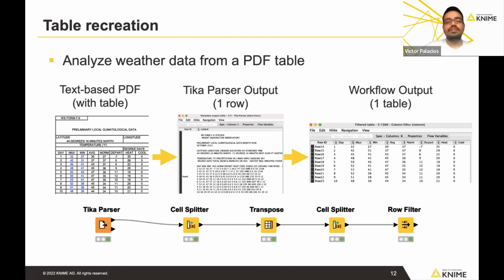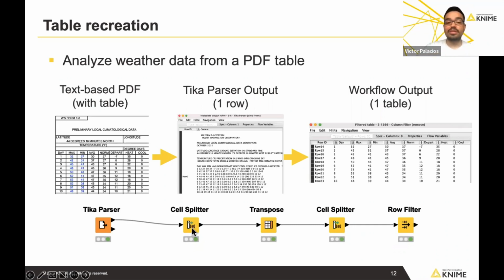So I will also link how we have solved this in different ways. But one way that I liked to do was to use the Tika Parser. I would get this output, and then I would use the cell splitter. So this is a single cell. And what I do is split by the new lines so that every single row then becomes its own row.